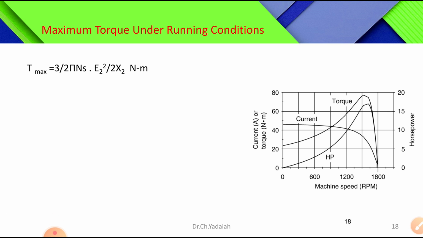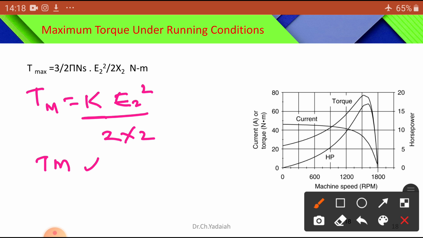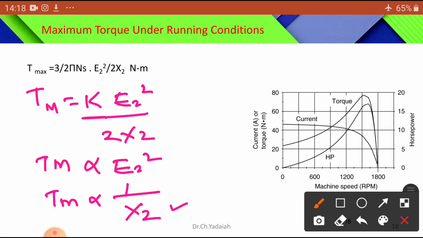So, here the equation: T max is equal to some constant into E2 whole square by 2x2. T max is directly proportional to E2 square, and T max is inversely proportional to x2.